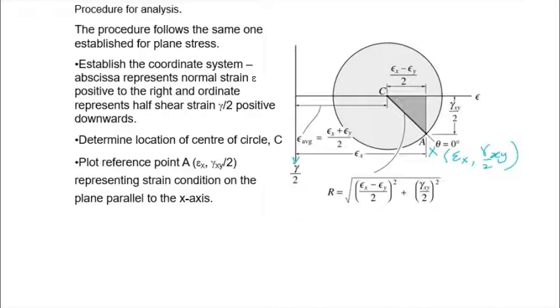So we plot that point first. After knowing C, we plot that point and we can join point C and point X or A.